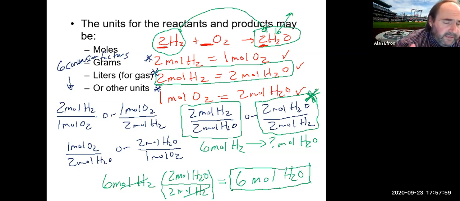What this really means in this actual equation is if I throw in there 6 moles of H2, and if everything went perfectly in this reaction, I should absolutely produce 6 moles of H2O. This is what is sometimes referred to as the theoretical yield, which is the maximum amount that you should produce in this equation. Any questions on that so far?